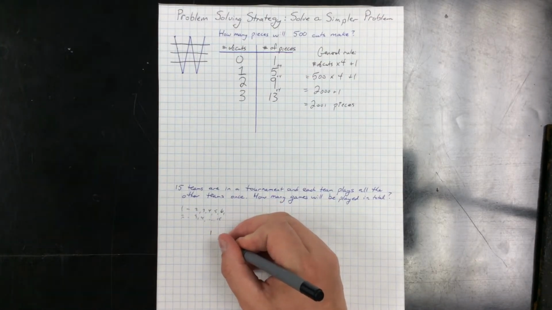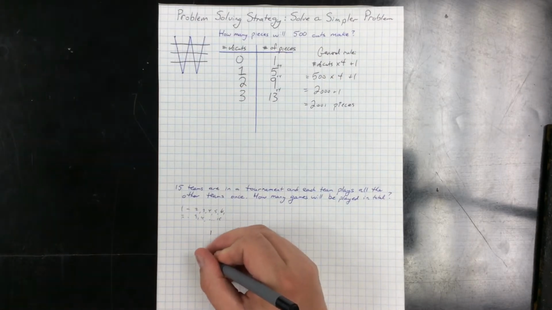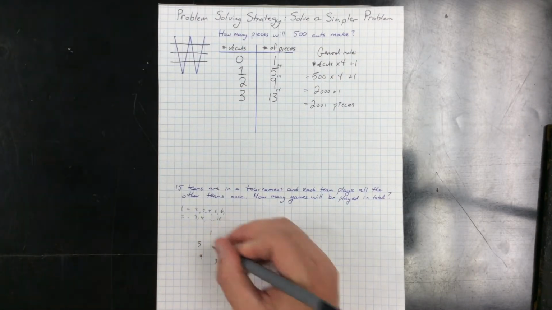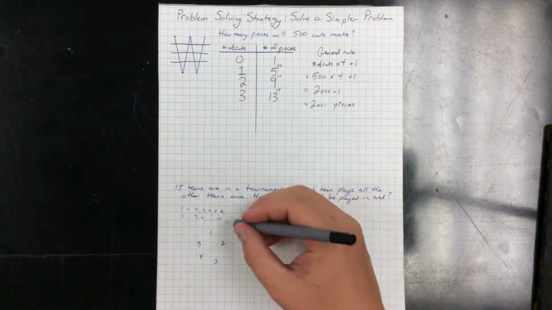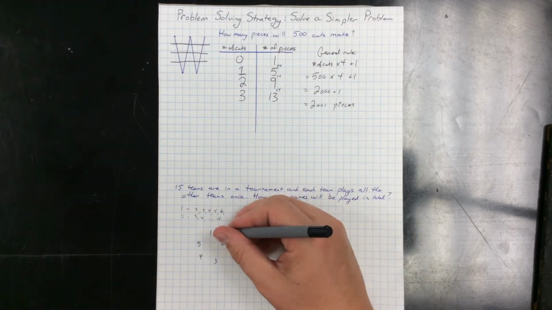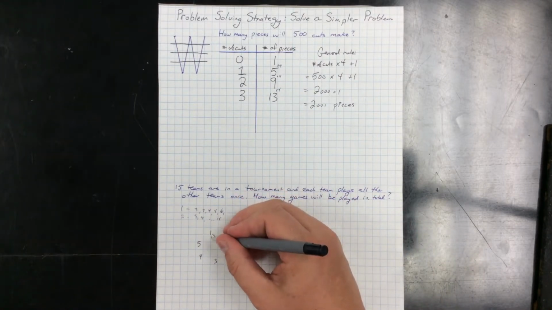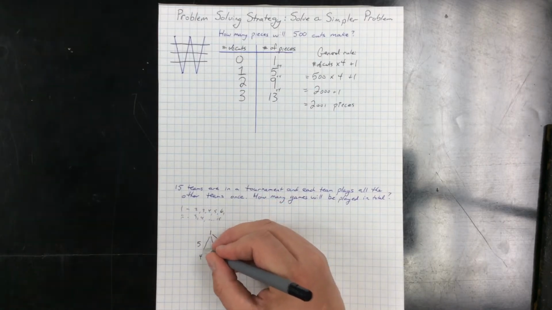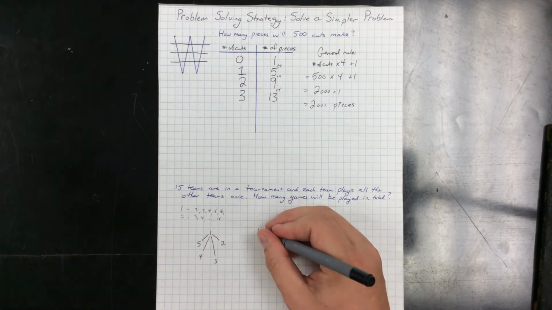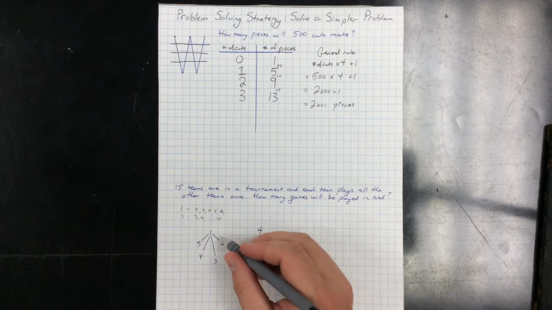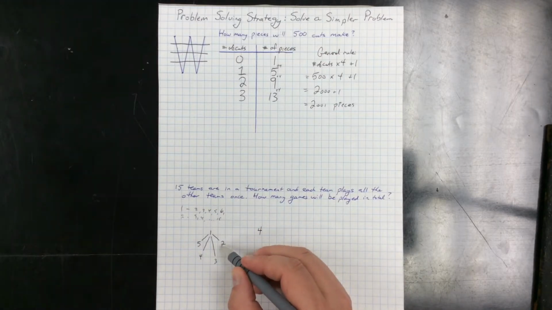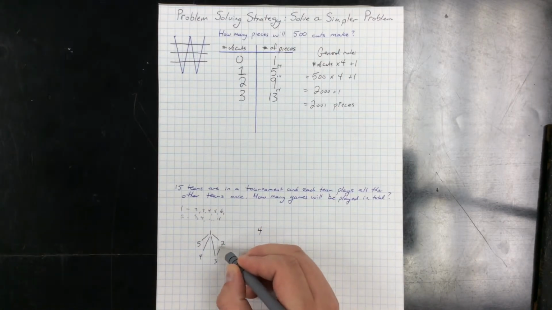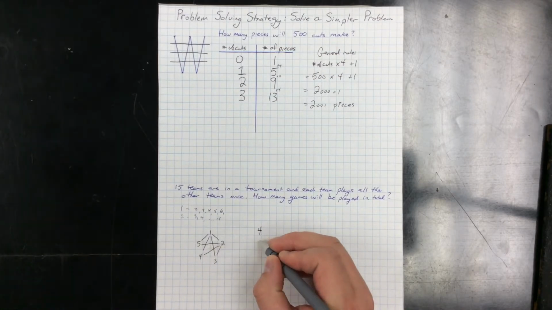Got team 1, team 2, team 3, team 4, and team 5. Let's start with team 1. Team 1 has to play team 2. We have 1 game, 2 games, 3 games, 4 games. Team 2 and team 1 have already played, so we don't count that. Team 2 has to play 1, 2, 3 more games.